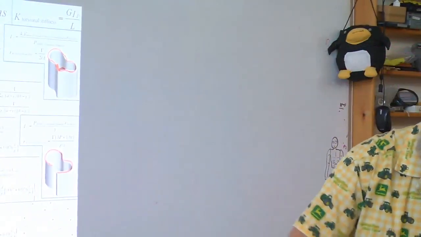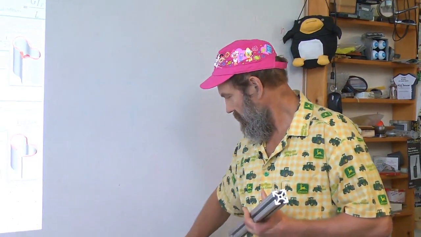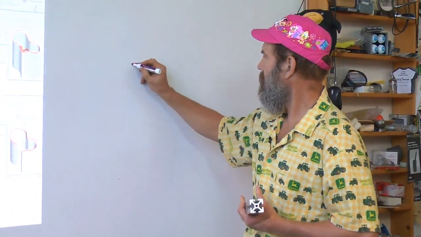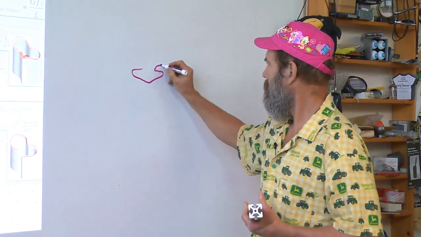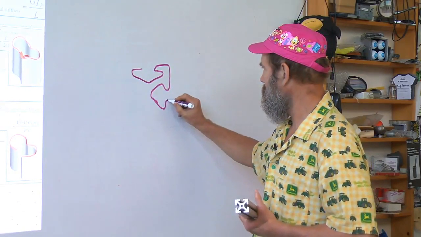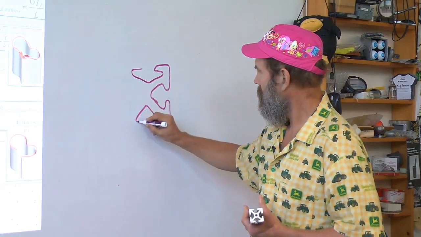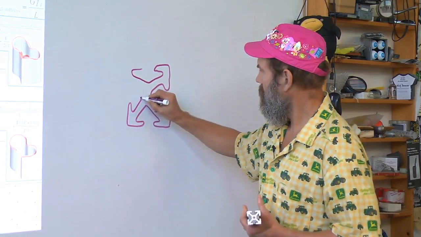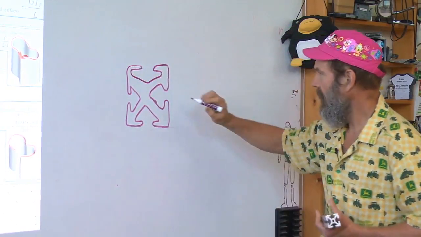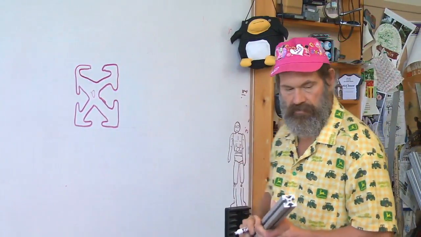So when I look at this type of modular structure, and I want to build a machine from this stuff, how would I do it? How would I make this thing torsionally stiff?